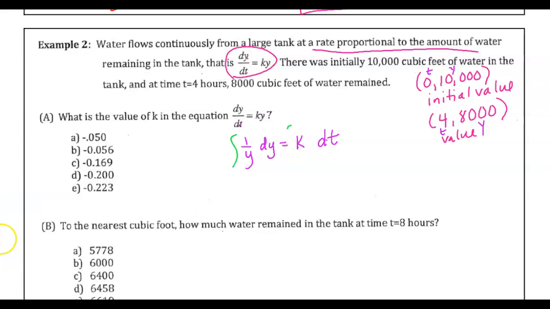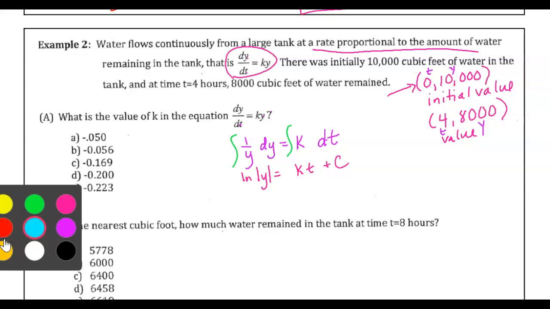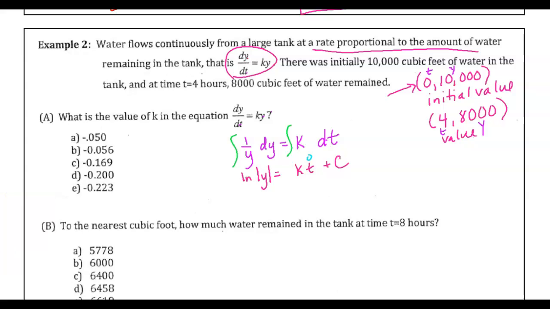So we're going to integrate. We get the natural log of y is equal to kt plus c. So now at this point, I'm going to use my first initial condition to try to get rid of one of these variables. So I know that t equals 0 and y equals 10,000.